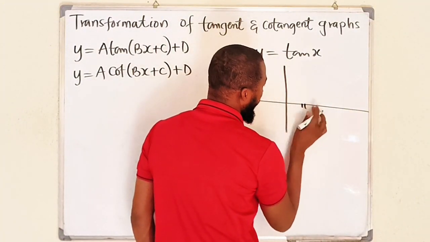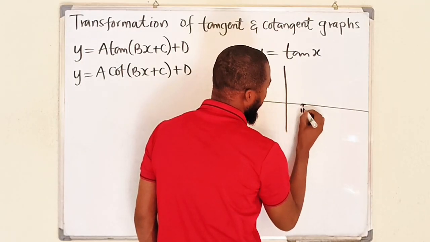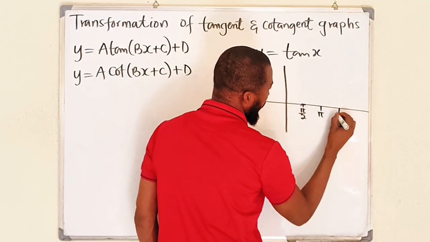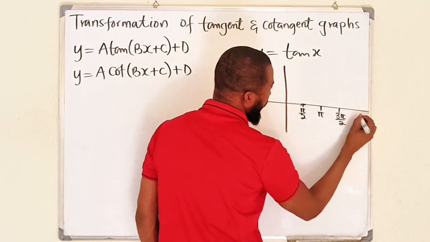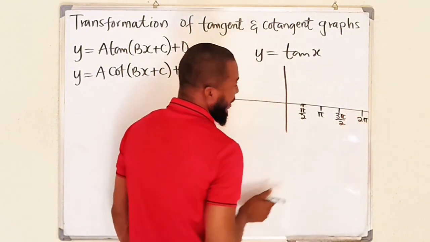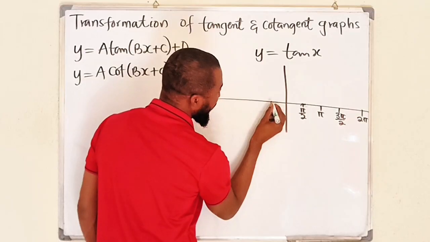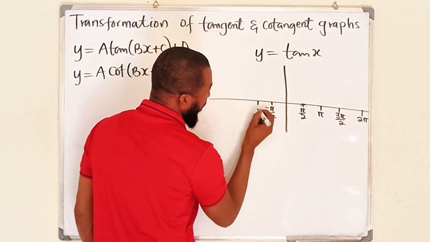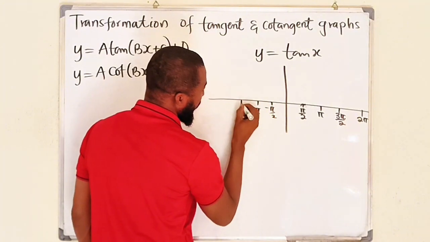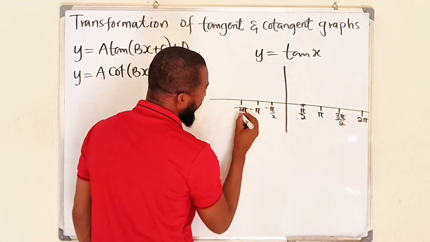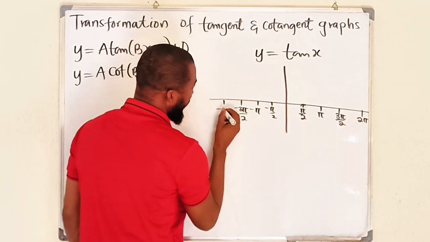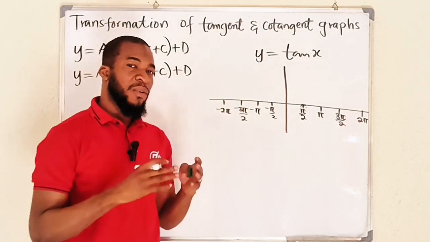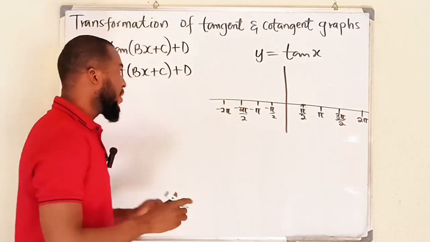We have pi over 2 here, 2 pi over 2, 3 pi over 2, and we have 2 pi. If you come to the left, we have negative pi over 2, negative pi, negative 3 pi over 2, and lastly negative 2 pi.